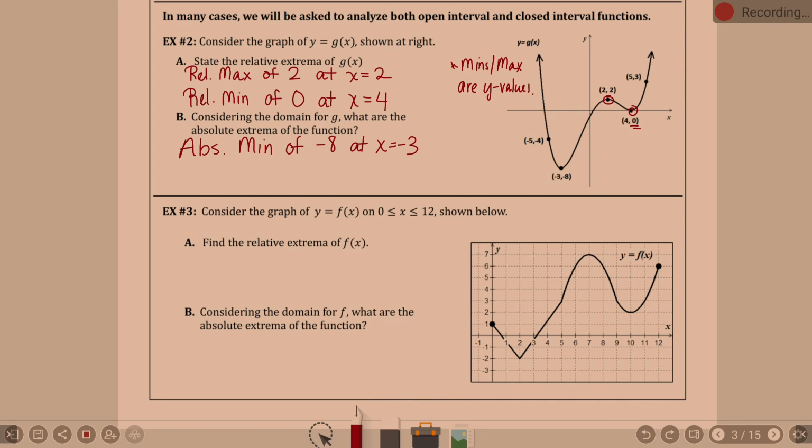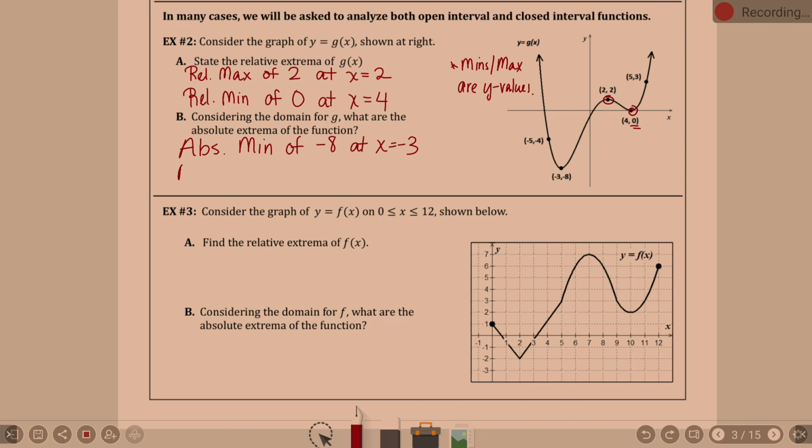Okay. And I believe I have written in my notes what we just talked about. Absolute max does not exist because g of x is unbounded above, if we throw in a little bit of vocabulary. Remember, if something is unbounded, it's going infinitely in that direction. So unbounded above means this graph goes infinitely up.